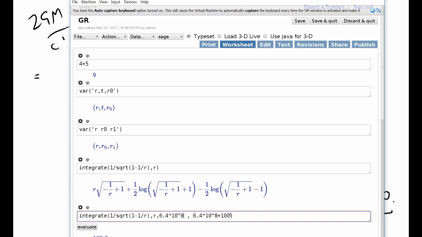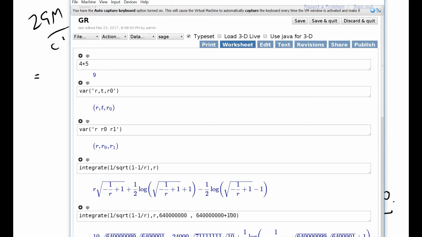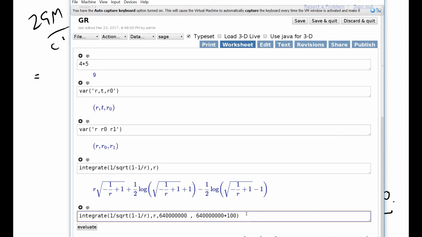Well, let's replace that 6.4 times 10 to the 8 with something more accurate: 64, so that's moving it 1, 2, 3, 4, 5, 6, 7, 8. Let's try that. Oh, of course, it's giving an answer, isn't it? So I'll calculate it like this and see what happens. Aha! There we go. So there's a little difference.